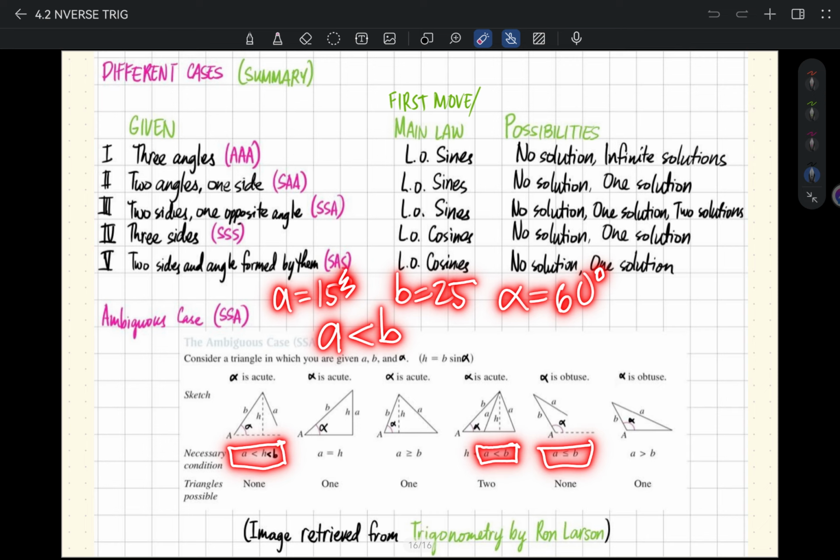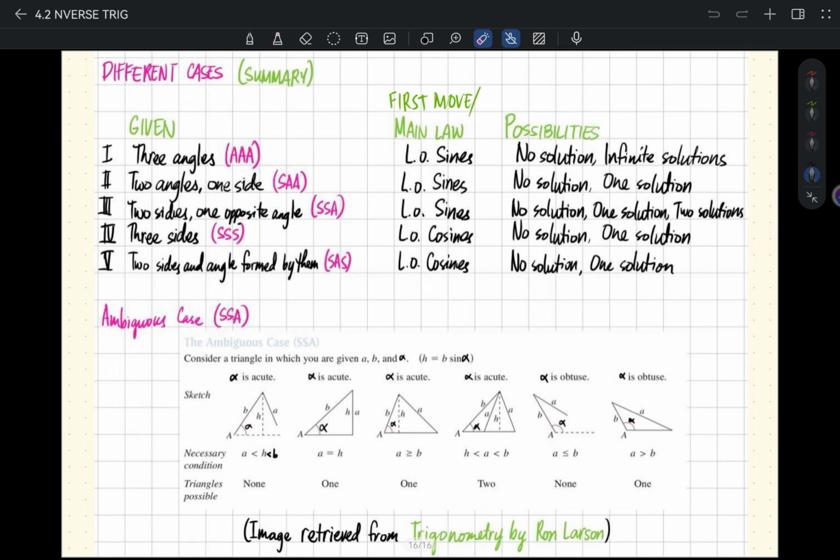But since your alpha is acute, this one cannot happen. And what actually happened here is this case where your A is not actually long enough to form this triangle right here. That's because the height is in between A and B.